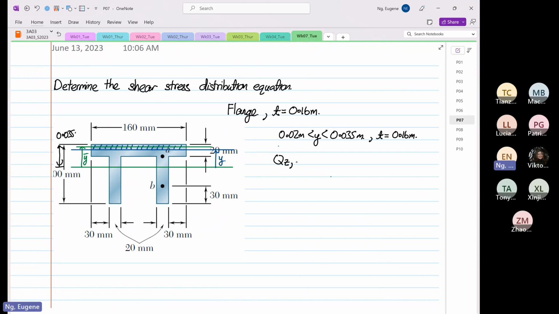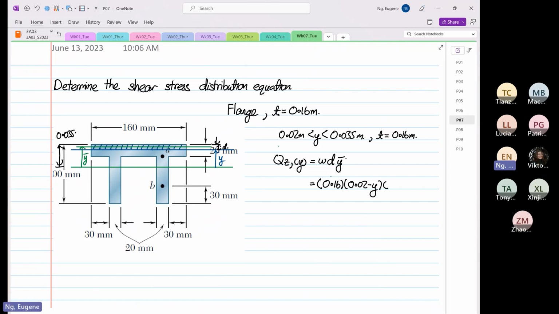First moment of area about the z-axis as a function of y. So this is width, depth, y bar. We know that the width is equal to 0.16. Now the depth, which is this depth over here, is equal to 0.035 minus y.